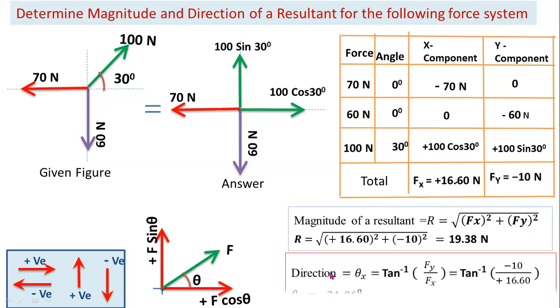And this is the direction of a resultant. For determining the direction of a resultant, theta equal to tan inverse of vertical forces divided by horizontal forces. From this equation, you can get the value of direction theta equal to minus 31.06 degrees.